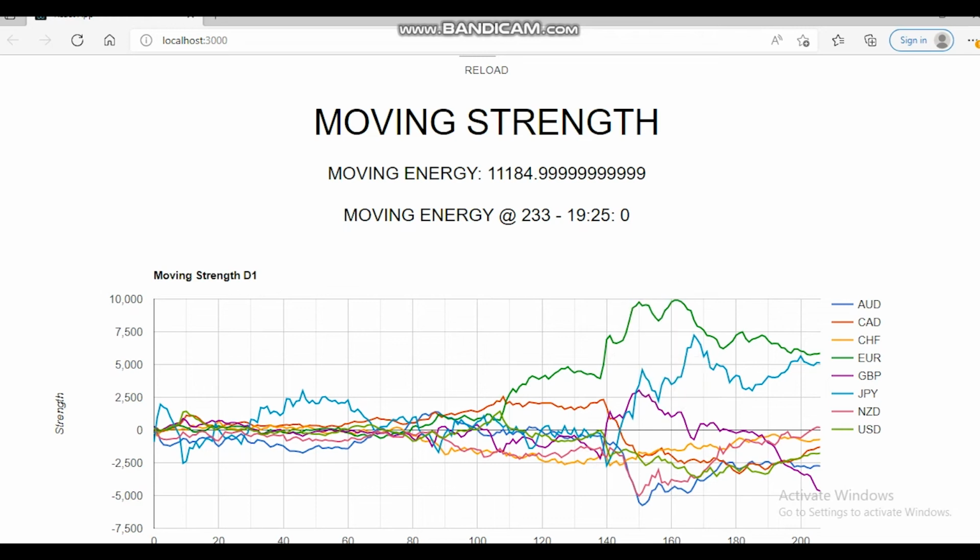If the euro had to go up by that much, it means all the negative currencies would have to go down to compensate for that increase in the euro, right?